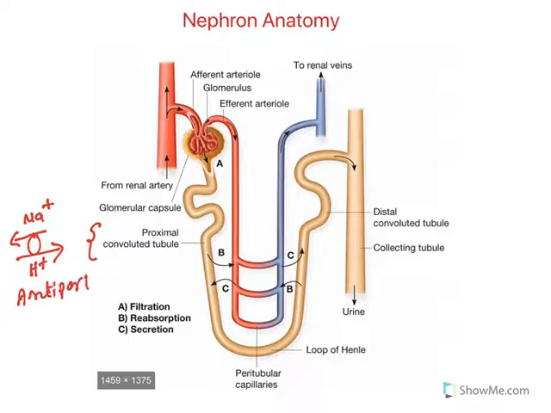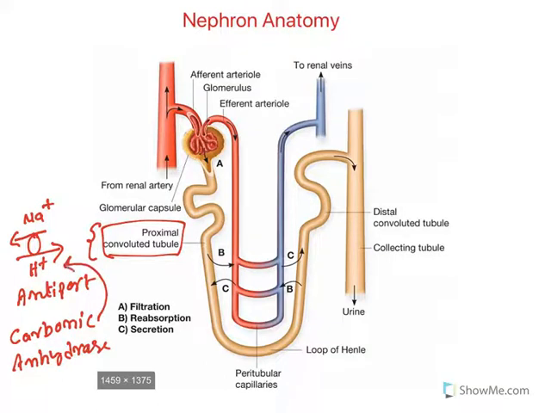Remember, this antiport is present at the proximal convoluted tubule. It works well in the presence of the carbonic anhydrase enzyme, which generates the proton used by this antiport. If this enzyme is not working, the antiport cannot work because the proton will not be generated.